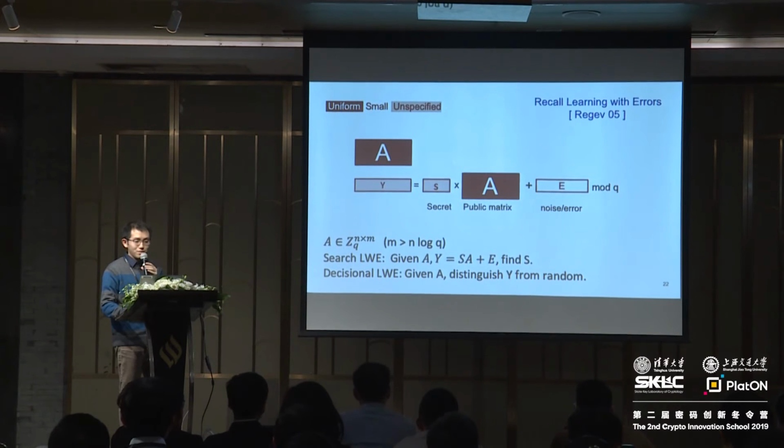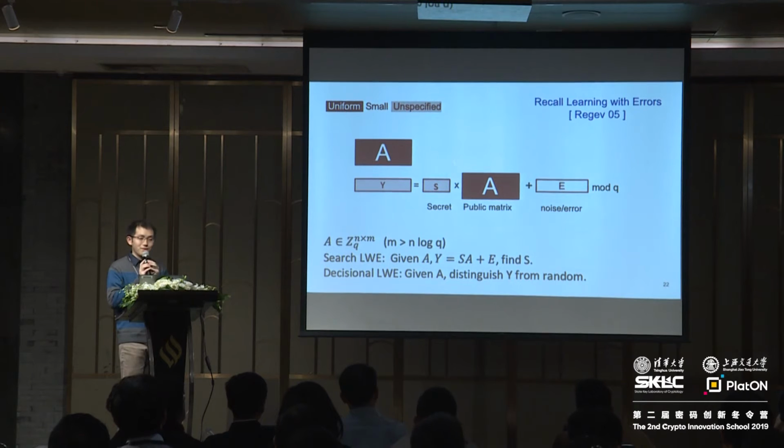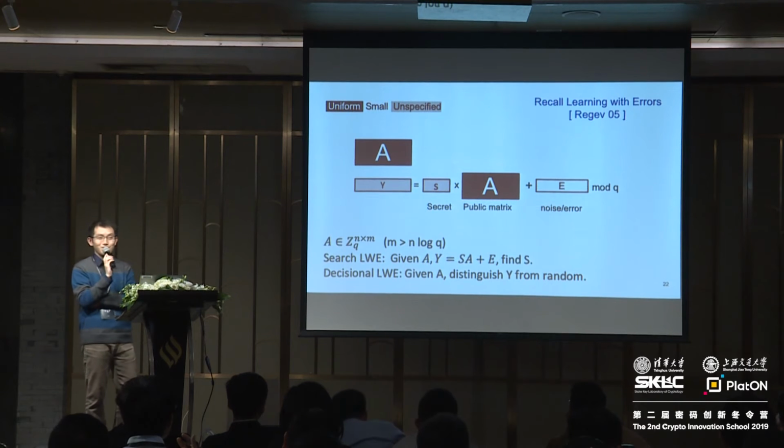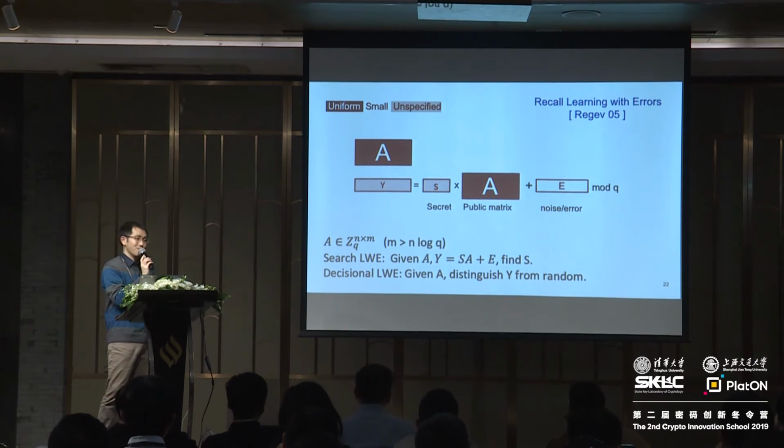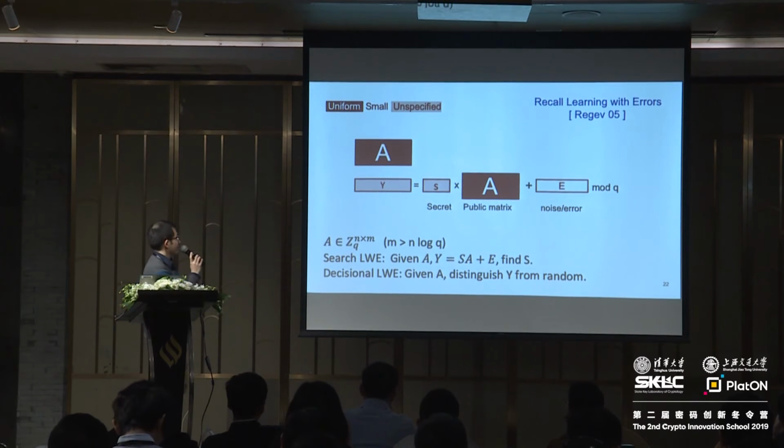All right. So still, a quick recall of learning with errors. If you come to the lattice workshop for 2 days, at least you should learn about the learning with errors problem briefly. So let me recall this problem again.